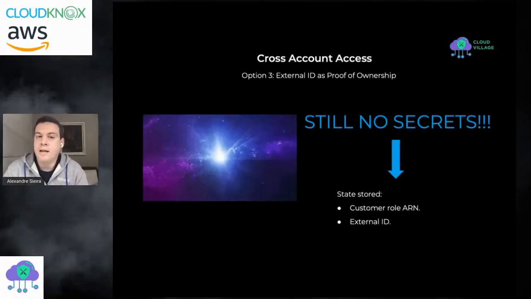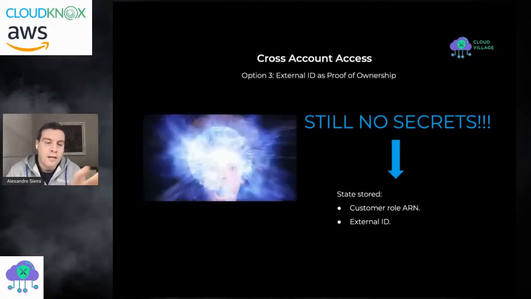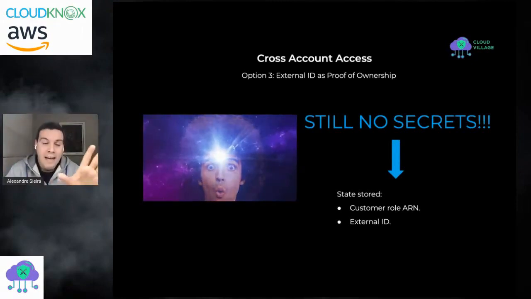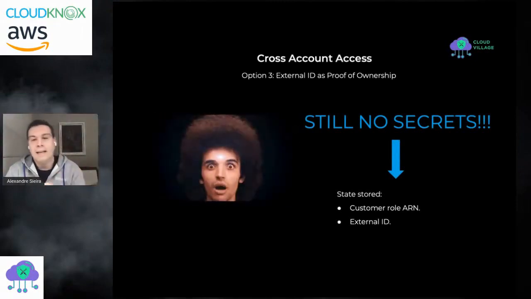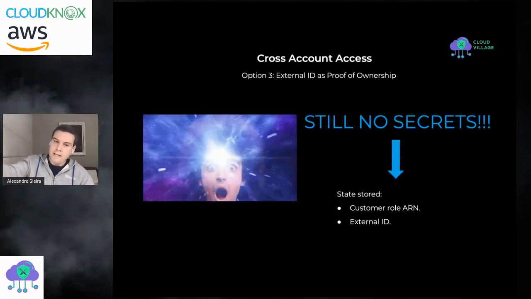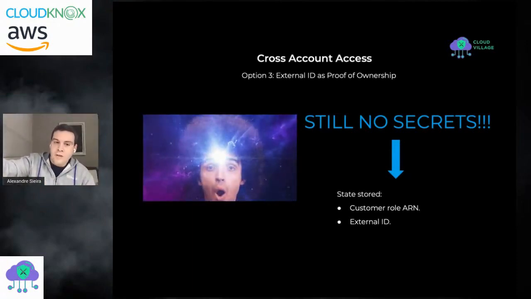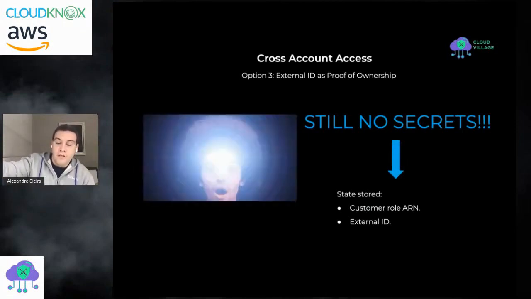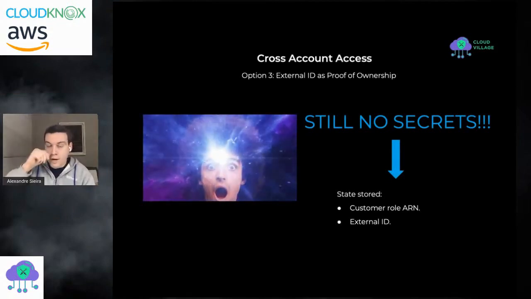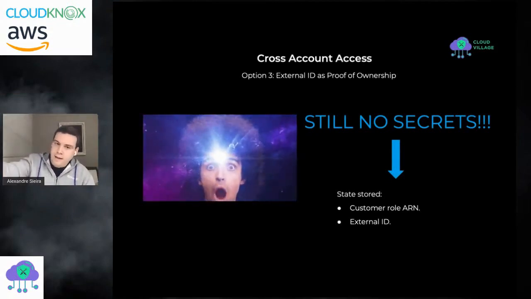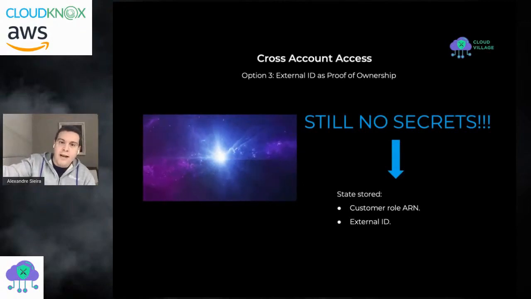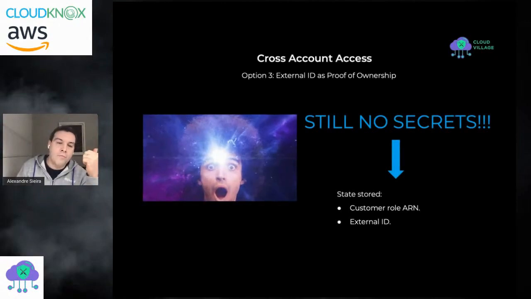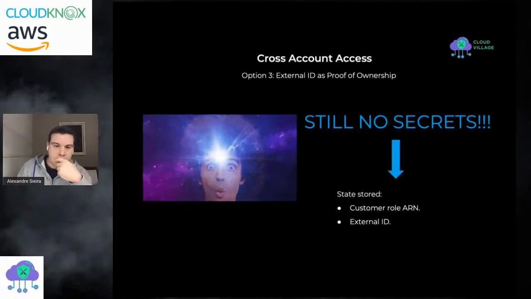Again, even if an attacker got a hold of all of that information, if a database dump was leaked, they still don't have any access into customer accounts unless they were also able to break into the SaaS vendor account and issue STS assume role calls from there, which is the key part, right? Where they need to be authenticated into the SaaS vendor account, right? So this is vastly superior to the scenario we had with the shared secret, right?